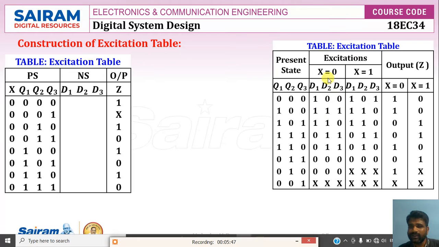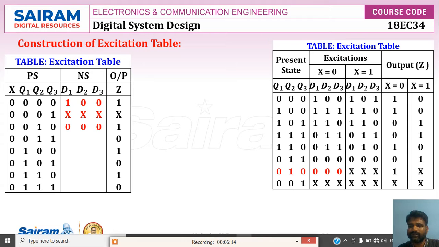Identify here. See here X is equal to 0. The state variable is 000 and D1, D2, D3 value is 100, which I have already done. So that I am replacing here. Okay. The next combination is 0001. For 0001 this is the one, so D values are don't care. Similarly, next is 010.